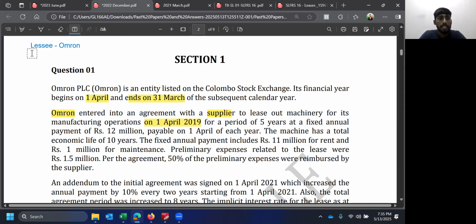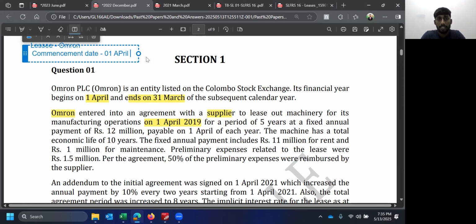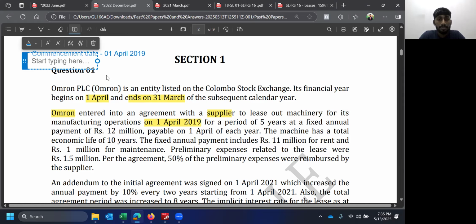And then the commencement date. What is the commencement date of the lease? 1st April 2019. Exactly. Commencement date done. Then, payments are in advance or in arrears?